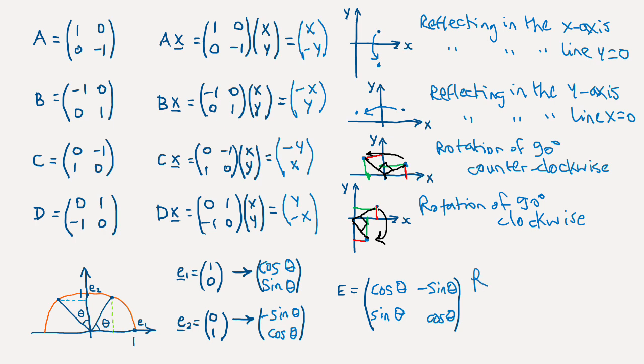And this matrix represents a rotation of theta degrees, and the convention is that rotations are positive when counterclockwise, as we've drawn it in the diagram there.